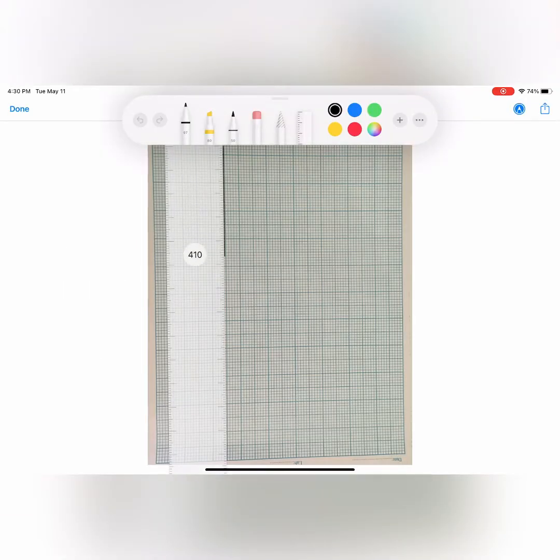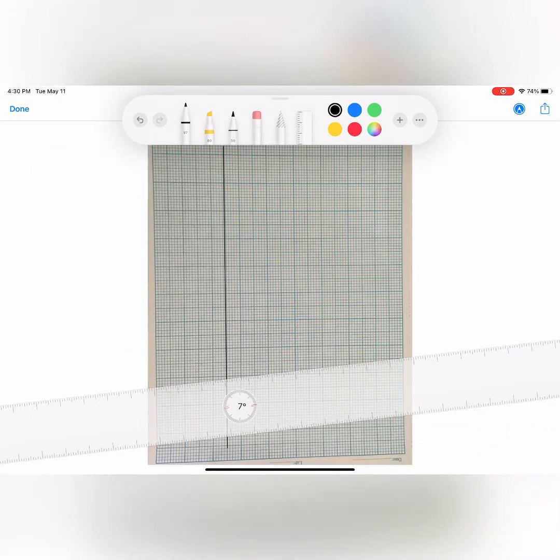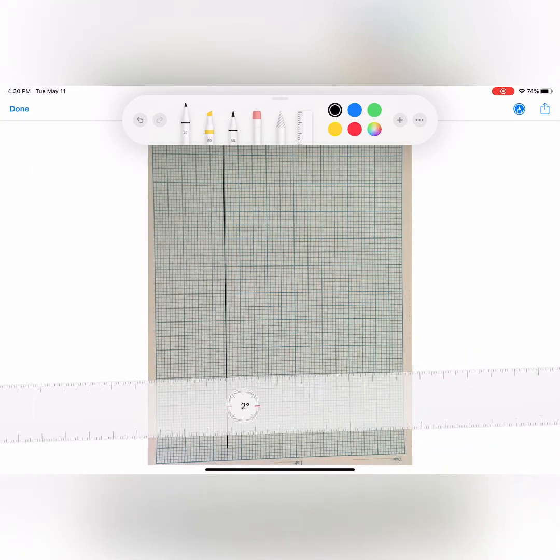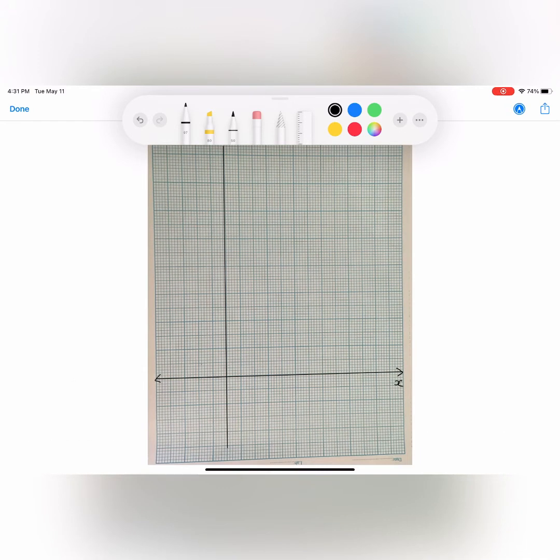Now we are going to draw up our axes. So your x-axis and your y-axis, and label them up. Because of the range of values that we have to work with, I am drawing my y-axis closer to the left since I need to have more room to the right, and I'm drawing my x-axis closer to the bottom so that I will have more space to the top.